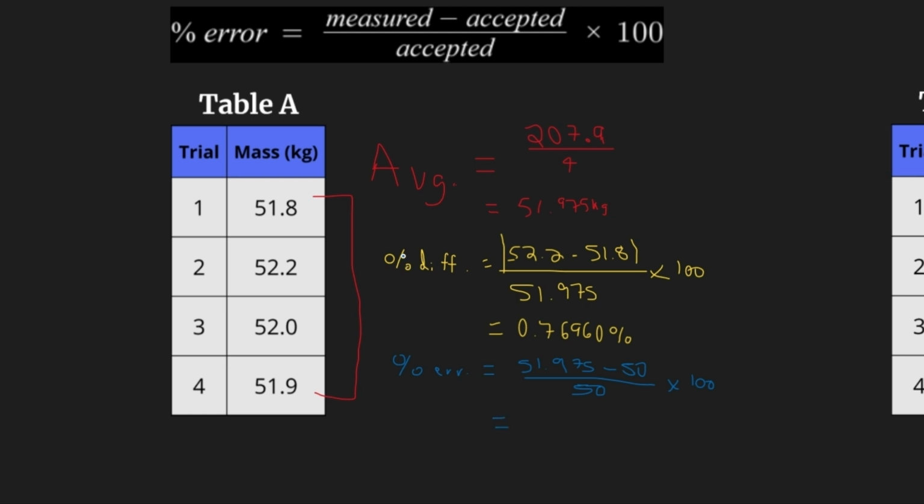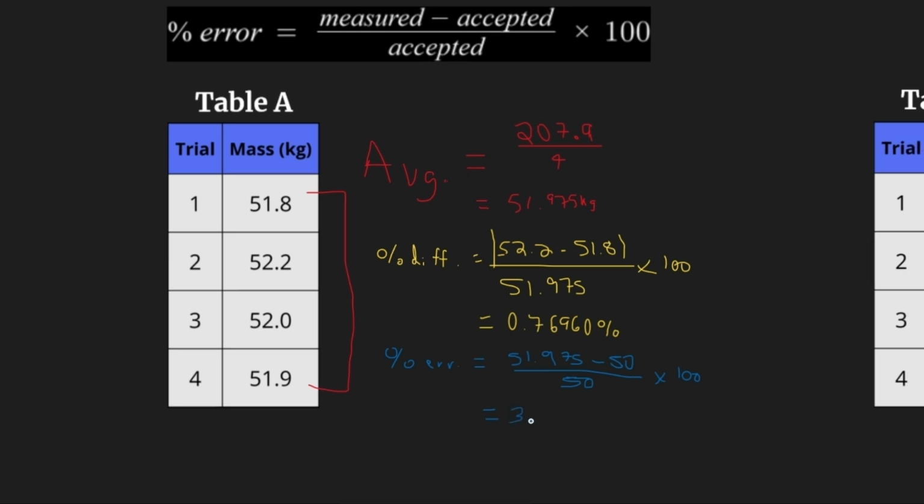And in doing so, you should get a value of 3.95%.